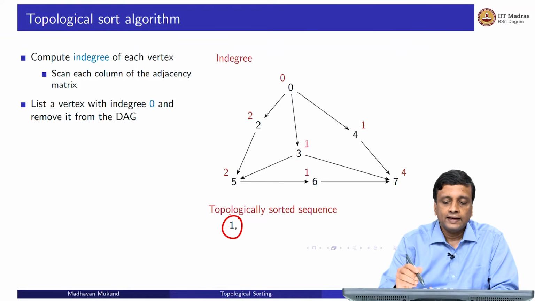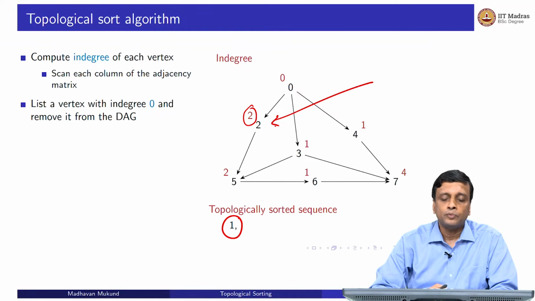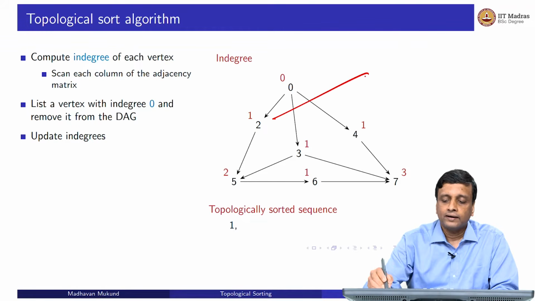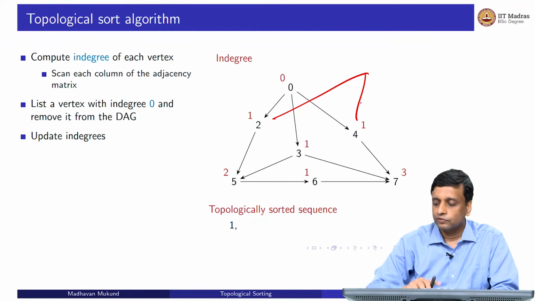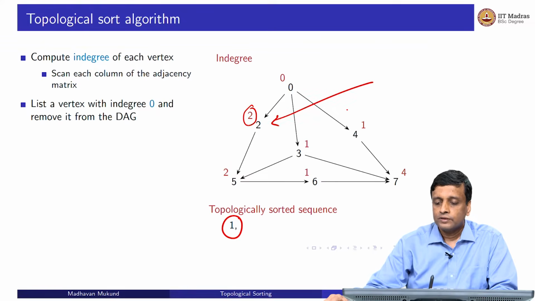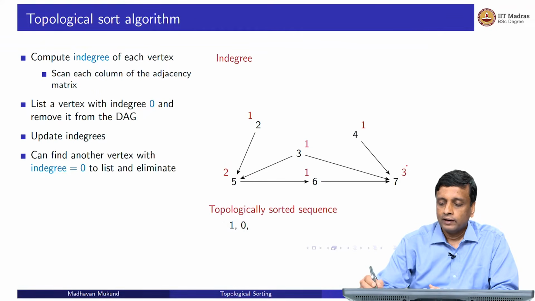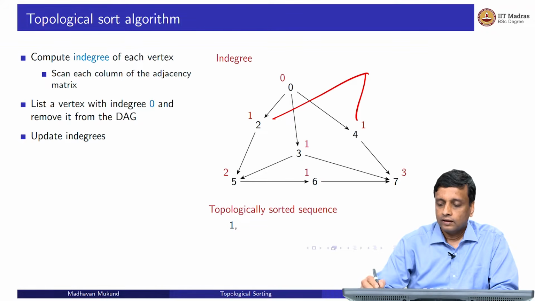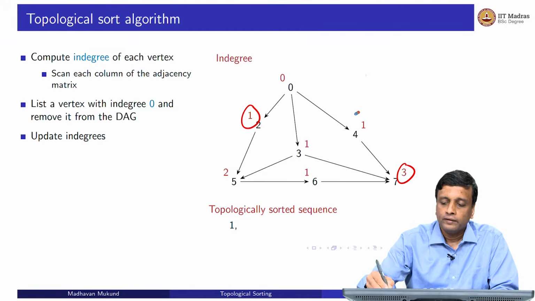So this had degree 2, but one of those 2 edges was coming from the vertex we just enumerated. So for every edge coming out of the vertex that we just enumerated, we have to update the degrees. If you go back, we had edges from 1 to 2 and 7. So now what used to be 4 becomes 3, and what used to be 2 becomes 1. So this is the situation after enumerating 1. So we have done 2 things.